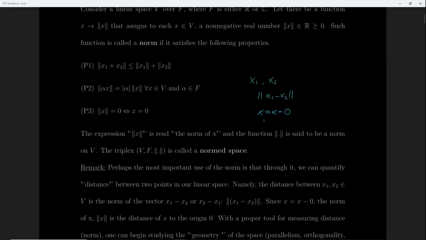So the norm of x, for every vector, is actually the distance of that vector to the origin. Okay, so now we can define the distance of every vector to the origin by using norms.